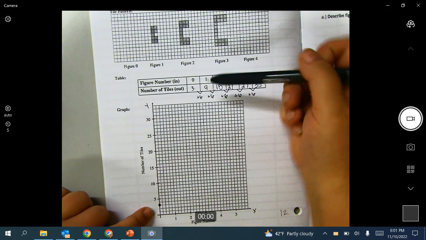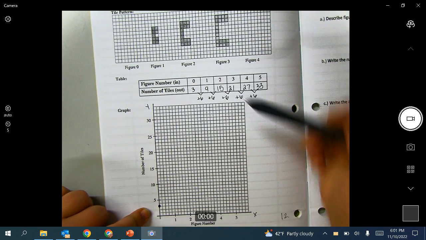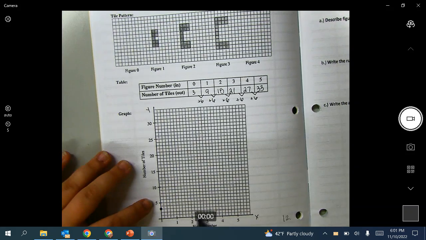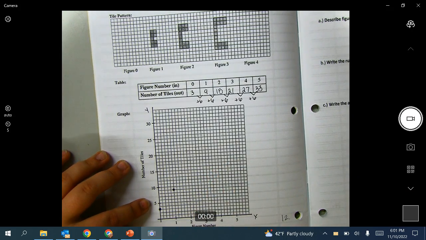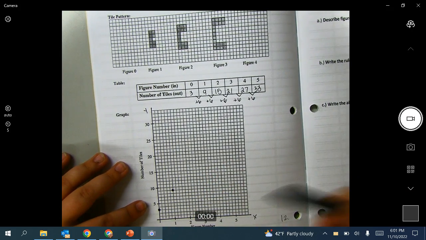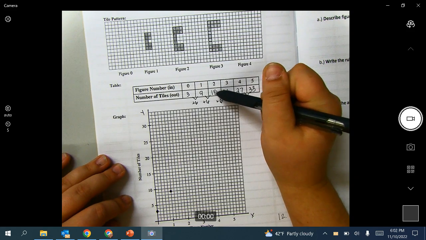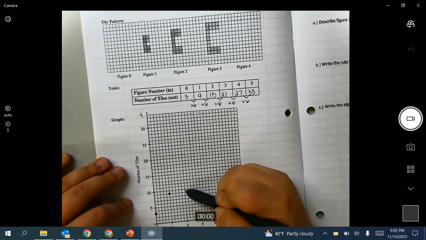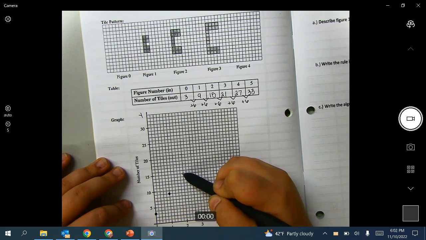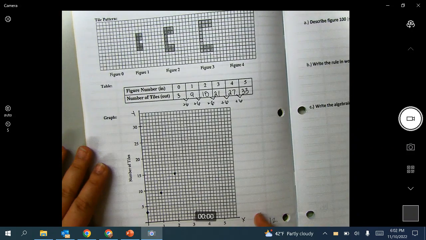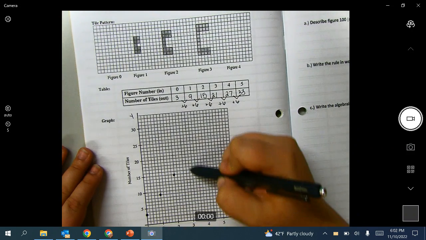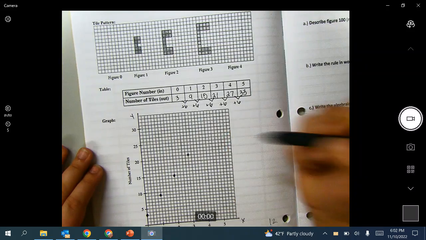Next I have 1 and 9. So at figure 1, I'm going to go up to 9. Figure 2, I'm going to go up to 15. So here's 2, there's 10, there's 15. Next I have 3, comma 21, so figure 3 up to 21.